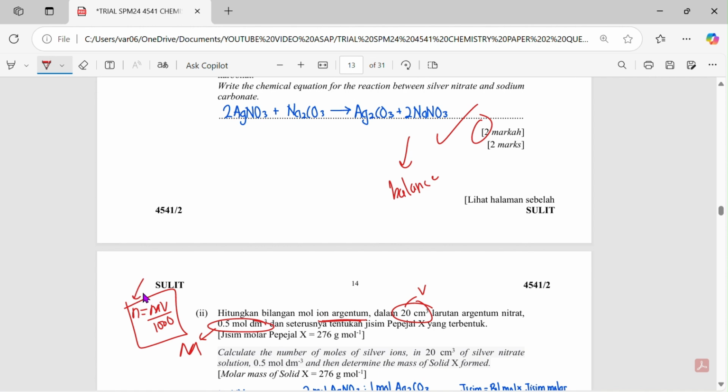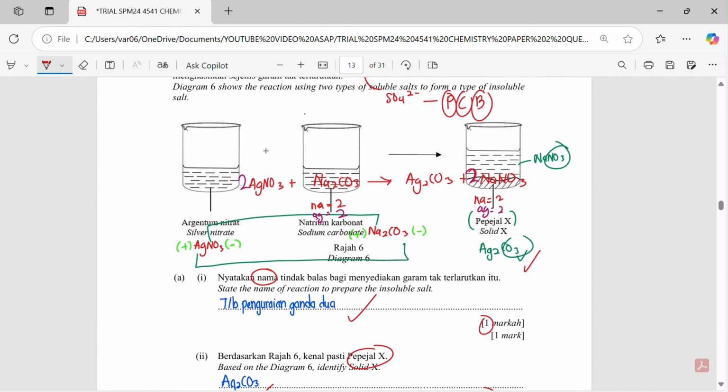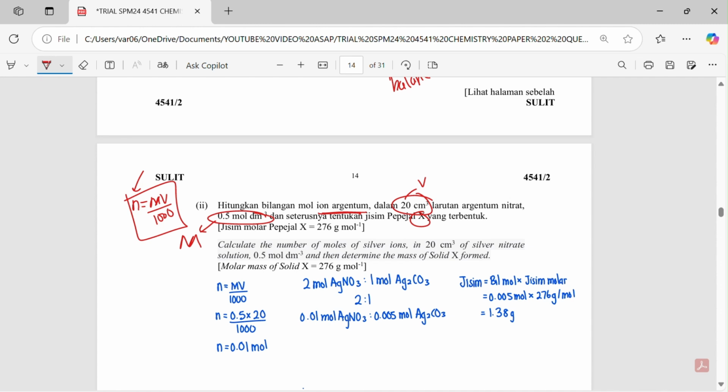Next, dan seterusnya tentukan jisim pepejal X. Pepejal X is argentum. So now n equals kepekatan times volume divide 1000. So you get your bilangan mol for ion argentum.